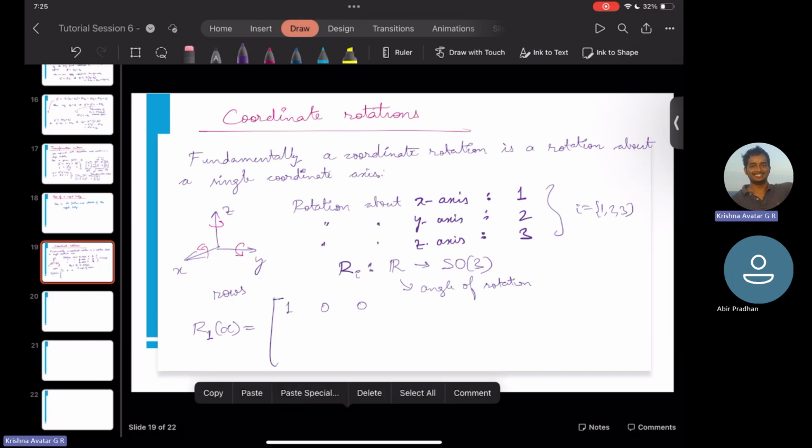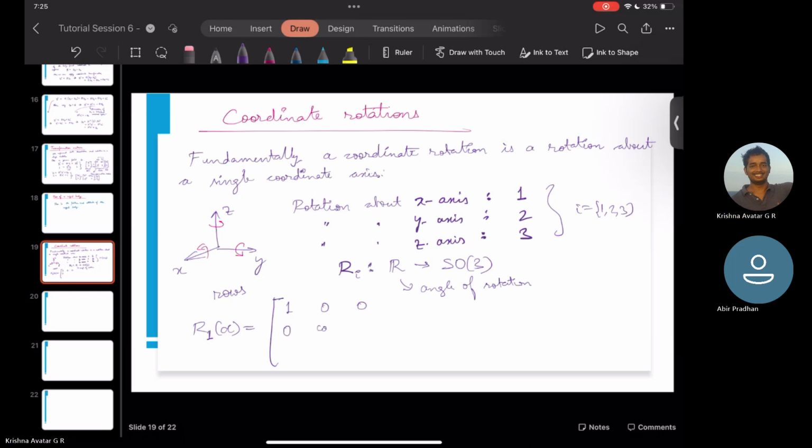So it is 1, 0, 0, then 0, cosine alpha, sine alpha, then 0, minus sine alpha, cosine alpha.